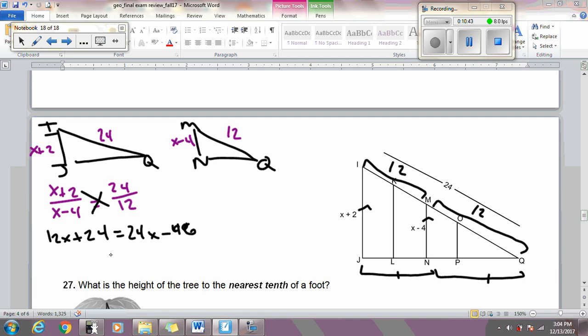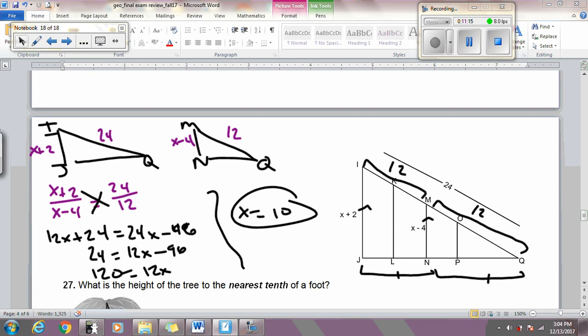All right. Next, I would subtract 12x from both sides. So 24 is equal to 12x minus 96. Add 96 to both sides. So you would have 120 is equal to 12x. Divide by 12, x is equal to 10.